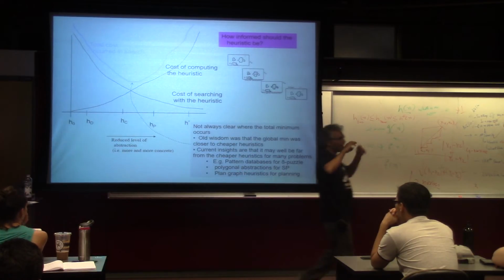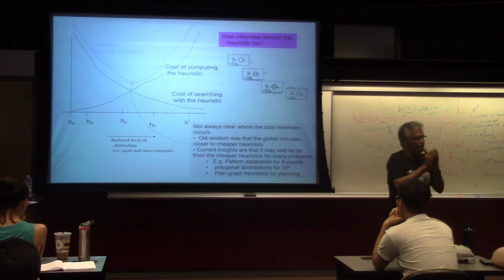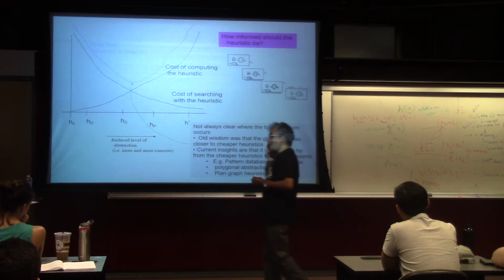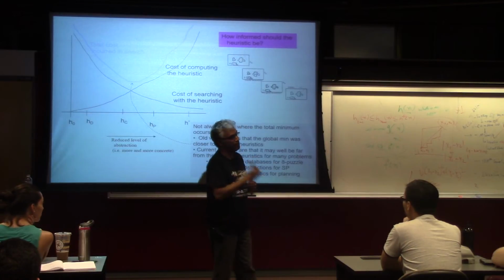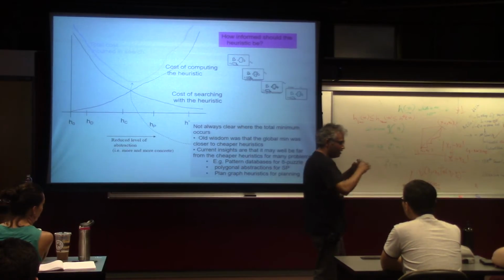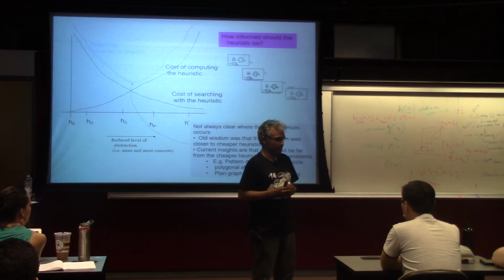Generally, the sort of unsaid conventional wisdom was that low polynomial cost heuristics are the only ones that will win. In science in general, unsaid biases are the ones that keep you behind. So if you ever find an unsaid, an unarticulated bias, try to break it and see what happens. Okay?